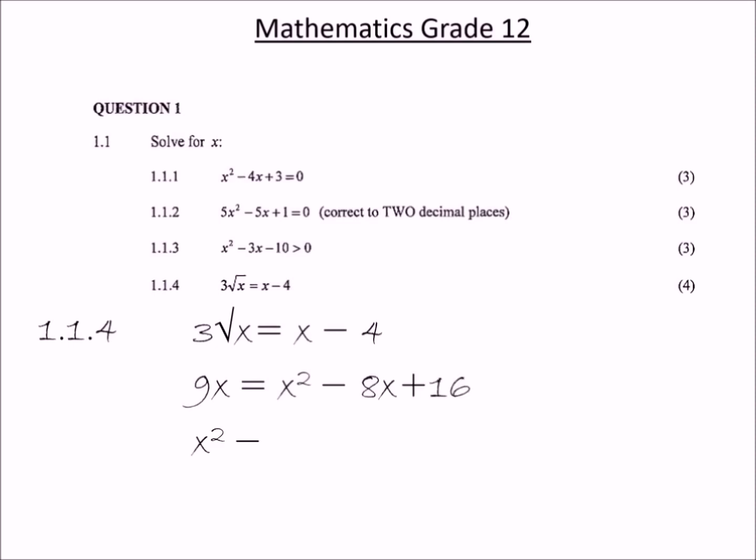Then move 9x to the other side, to get x squared minus 17x plus 16 equals 0. The factors of 16 that will give us 17 when added together are 16 and 1. Therefore, x is equal to 16 or 1.